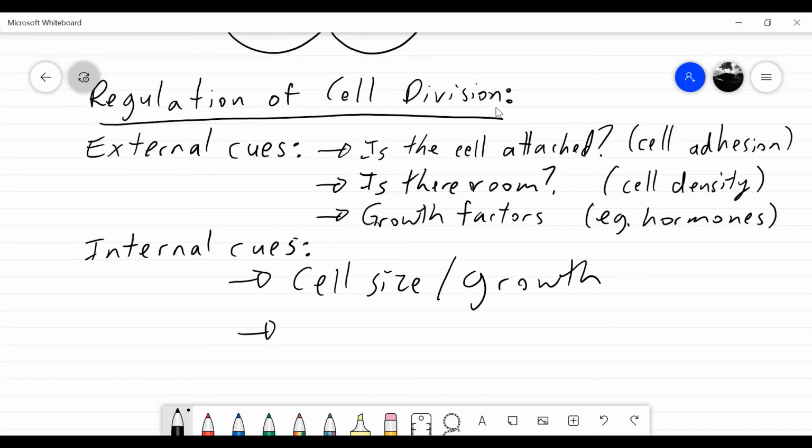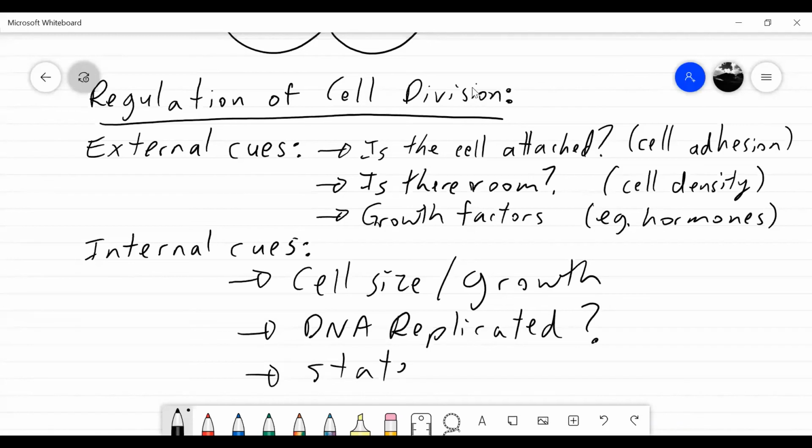Is the DNA replicated? And the other one I mentioned, which is really only regarding certain growth stages, is the state of the spindles. So like in anaphase, are they all attached to the sister chromatids?